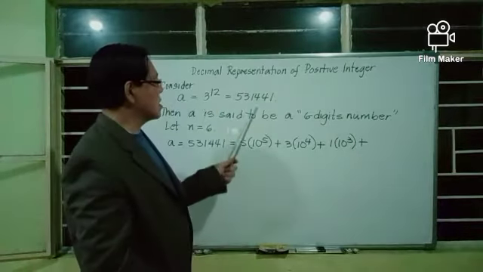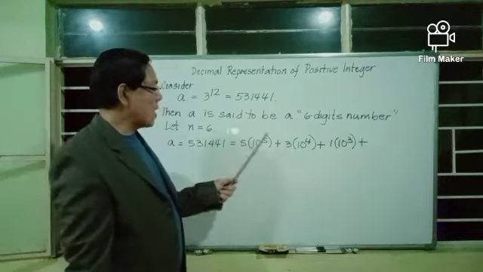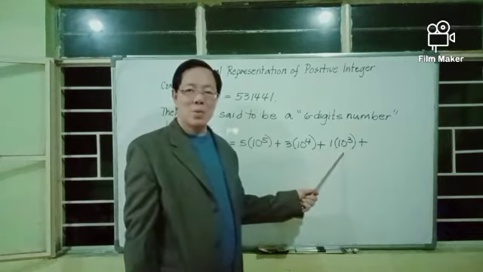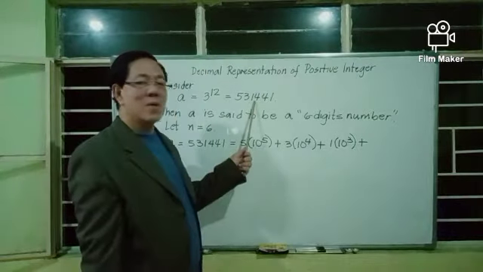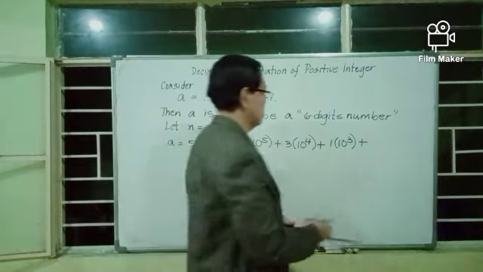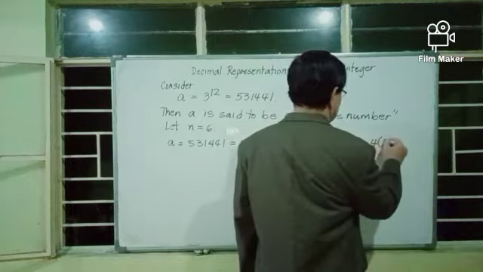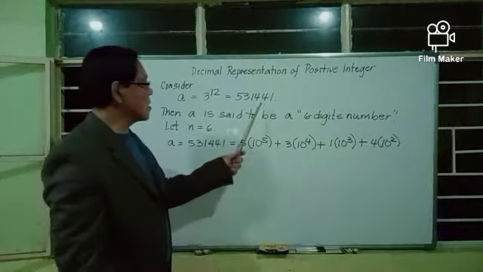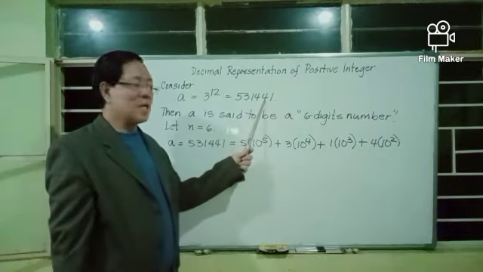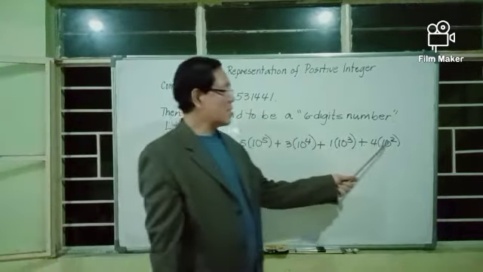The next digit is 4, and we multiply 4 by 10 to the power 2. 10 to the power 2 is 100, multiplied by 4 gives 400. The next digit is 4, and we multiply that by 10 raised to 1.